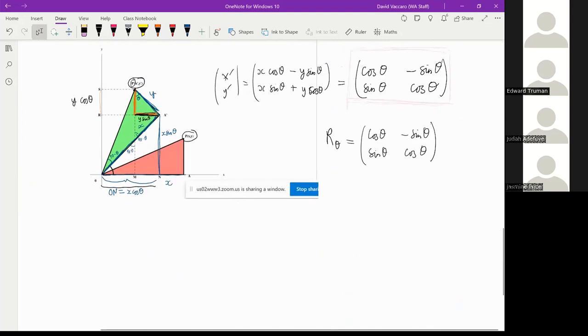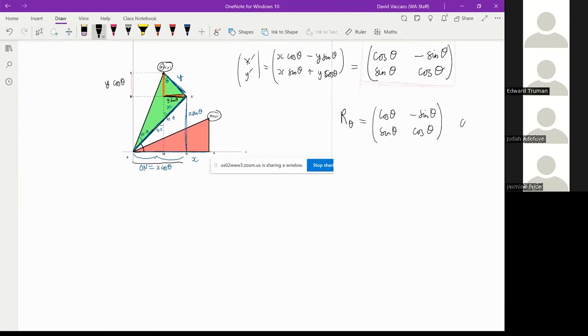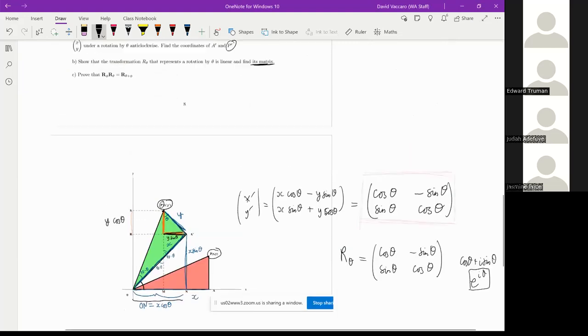But this is the matrix of the complex number cos theta plus i sine theta, which we know is the complex number e to the i theta. And we know that multiplication by e to the i theta is a rotation by theta. Okay, and in the words of whoever that was in the chat, I think that that is pretty cool. If that's not cool, I don't really know what maths is cool.